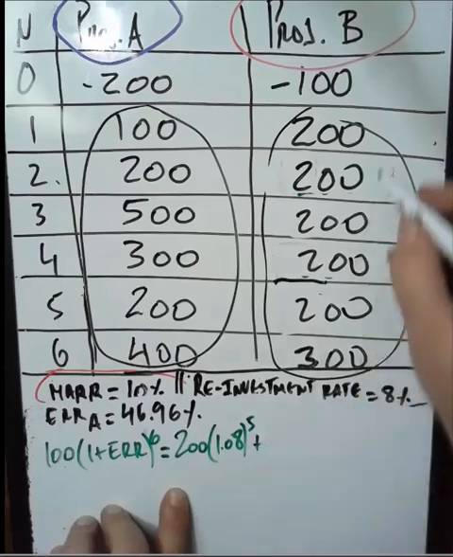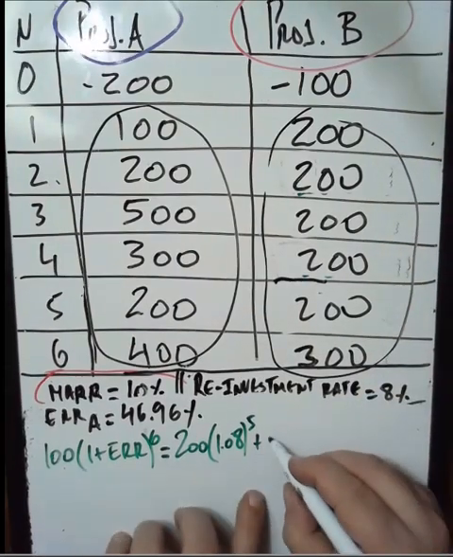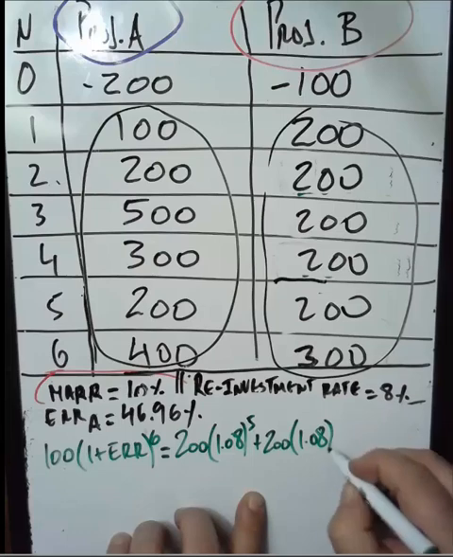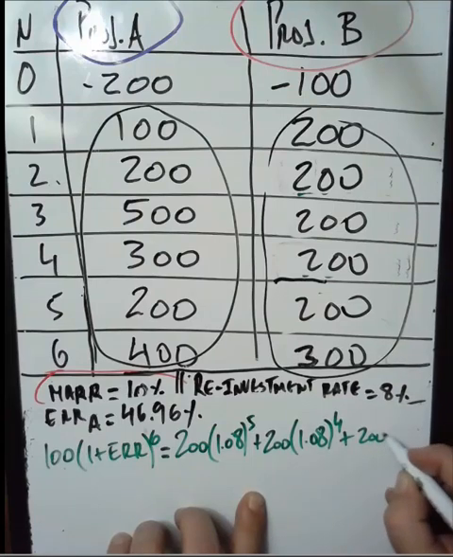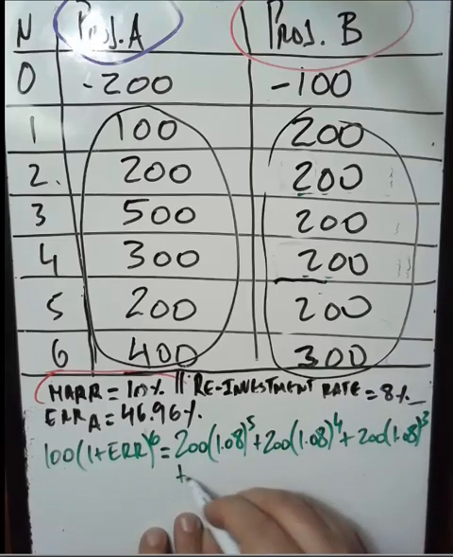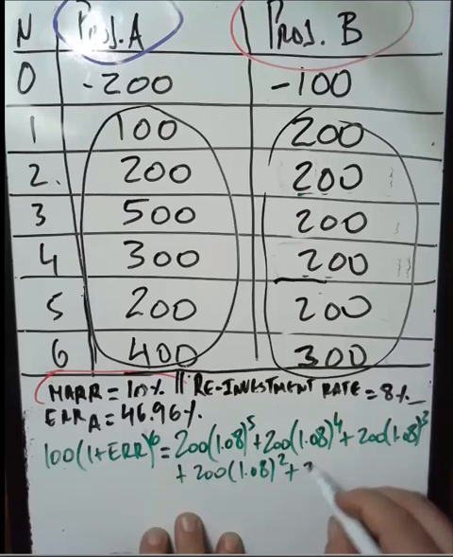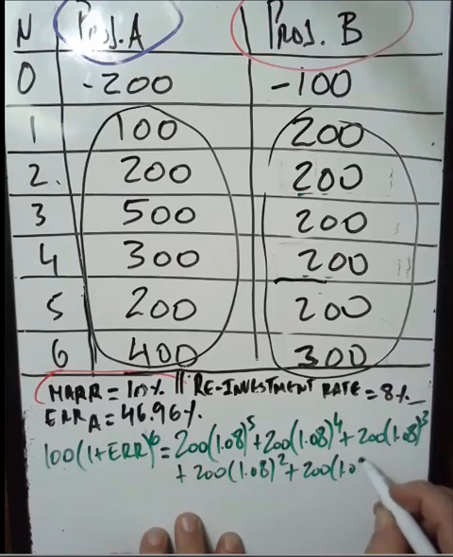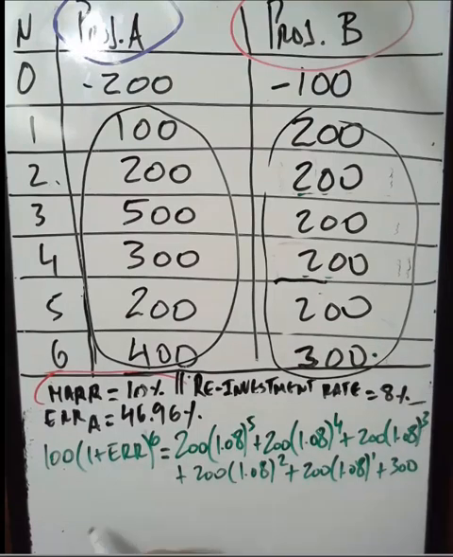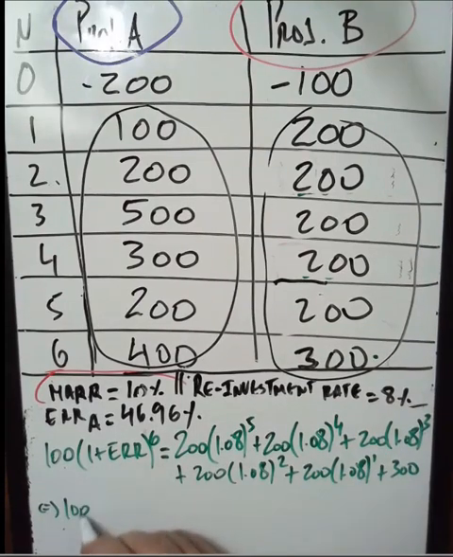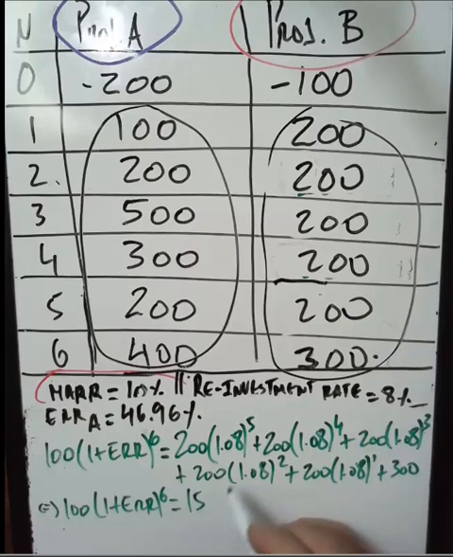So the first 200 pushed forward 5 years, then the second 200 pushed forward 4 years, then 3 years for this one, then the next one pushed forward 2 years, then the next one pushed forward 1 year, and then 300. And this would then give you 100(1 + external rate of return)^6 equal to all these.